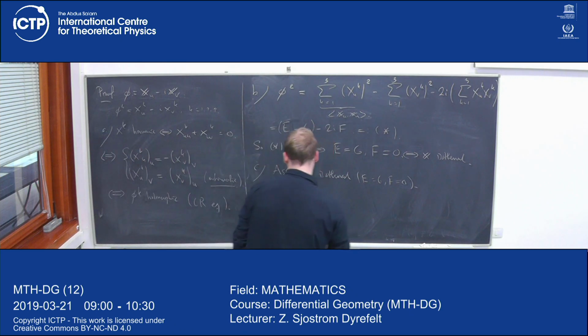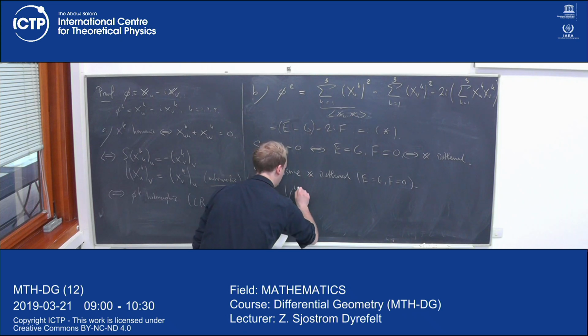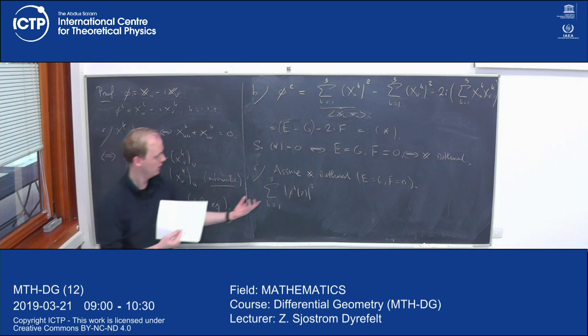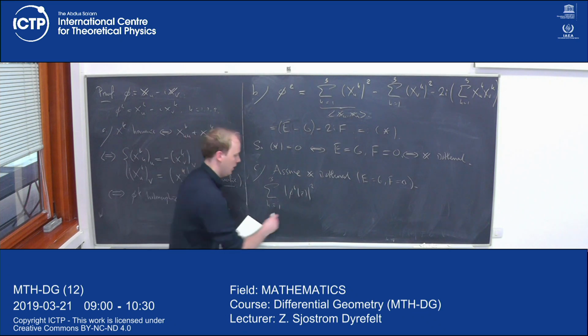So if you assume this, now we make the following computation. So this sum of k equals 1 to 3 of |phi_k(z)| squared. So this is the thing that I claim that our surface will be regular if and only if this is non-zero. Now what is this? So let us write this in a different way.